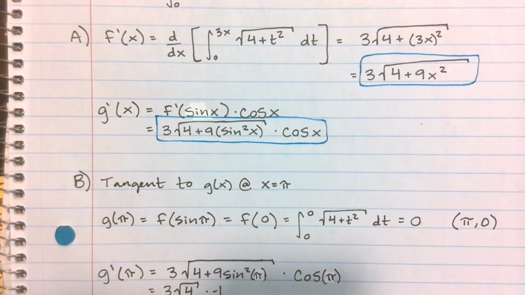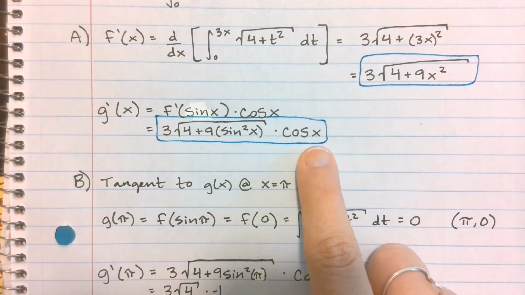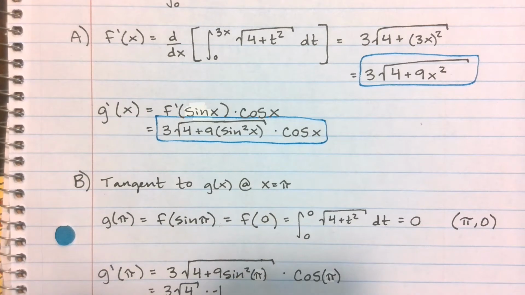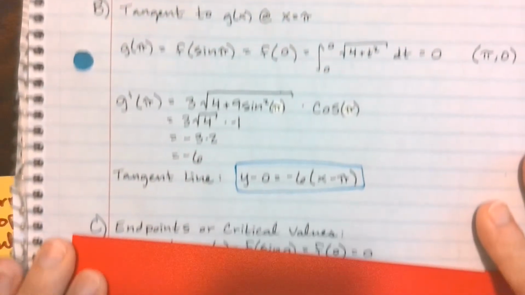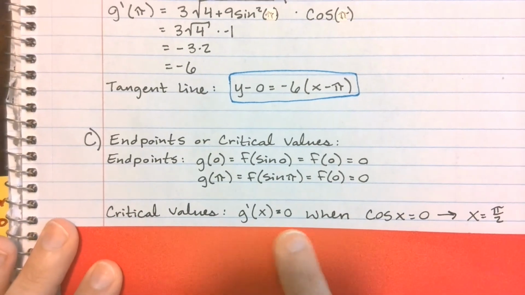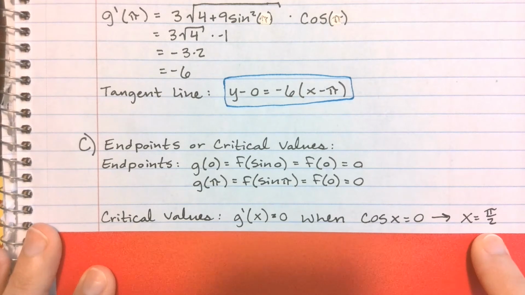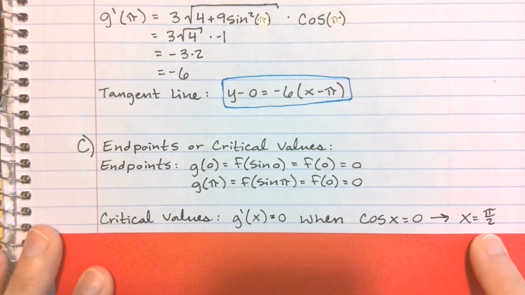So in order for my g prime of x to be 0, that means that cosine would have to be 0, because it's going to multiply by everything else and wipe it out. So I'm going to make a little jump here to say that my g prime of x equals 0 when cosine of x equals 0, which happens at pi over 2, since we're only from 0 to pi.